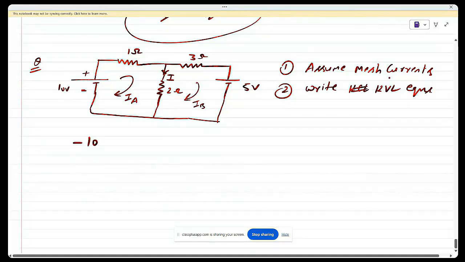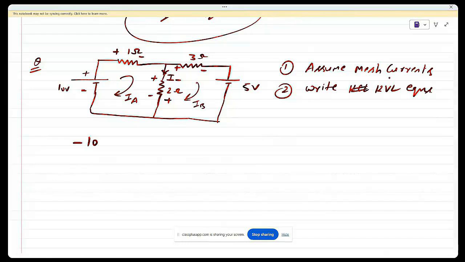So entering means plus sign, leaving means minus sign. This IA current is entering this 2 ohm resistance from the upside, so plus. Similarly, this IB current is entering this 2 ohm resistance from here, so plus, leaving from here. In this way, we can find the value of potential drop across the resistance.